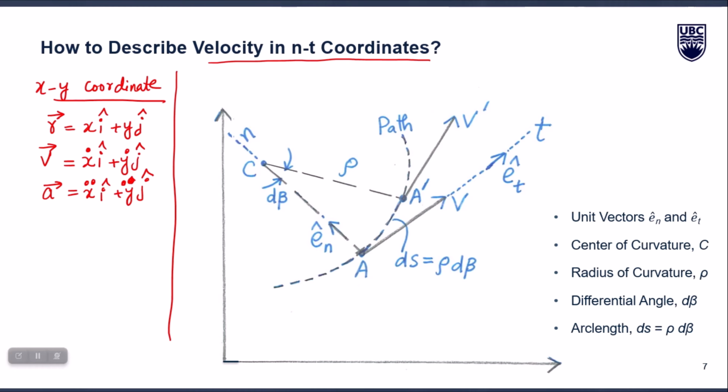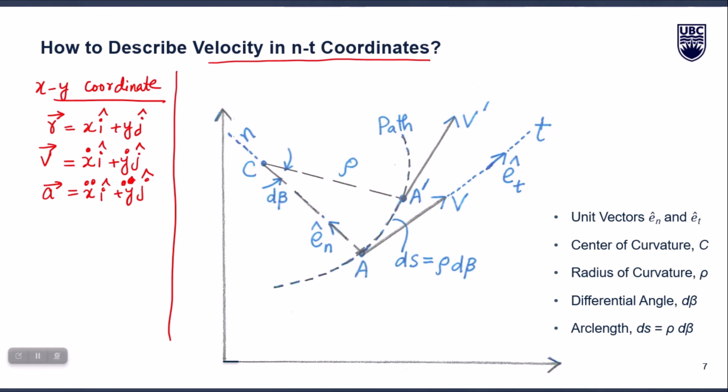Similarly, we would like to know the t component and n component of acceleration of a particle moving in a curved path, so that we can write the acceleration vector as a sum of its t component and n component.